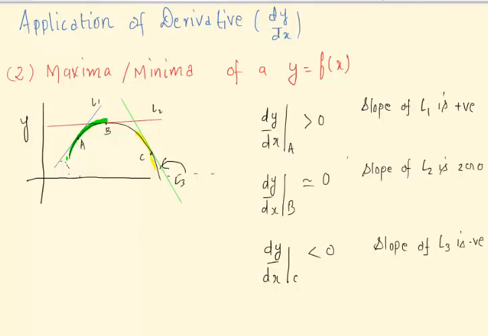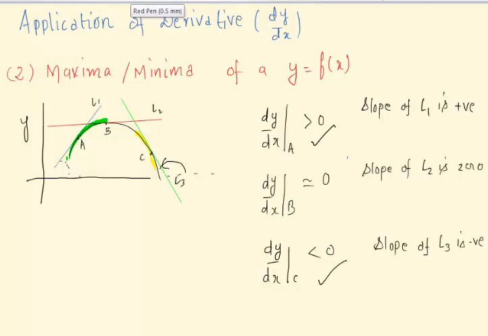We can quite clearly note that whenever y increases with x, the slope of the tangent in that region is positive. Whenever y decreases as x increases, then the slope of the tangent is negative, as in the case of C. And whenever the tangent becomes parallel to the x-axis, obviously the slope is equal to 0.